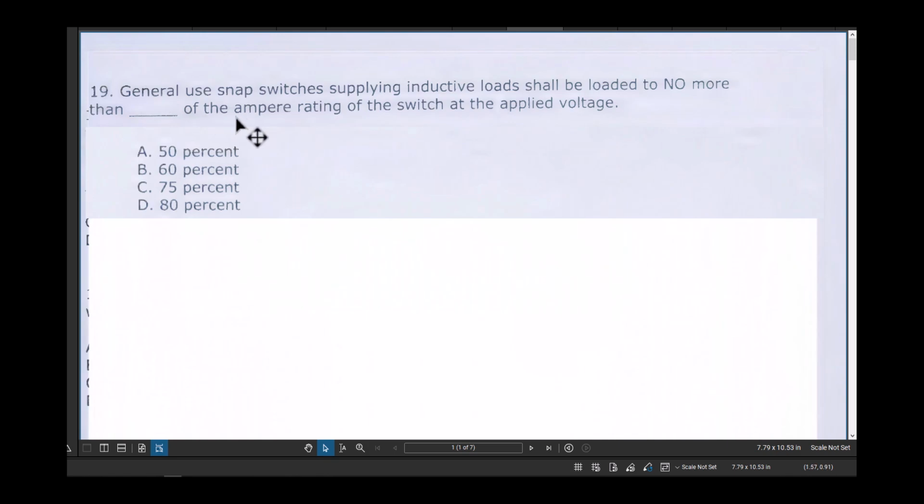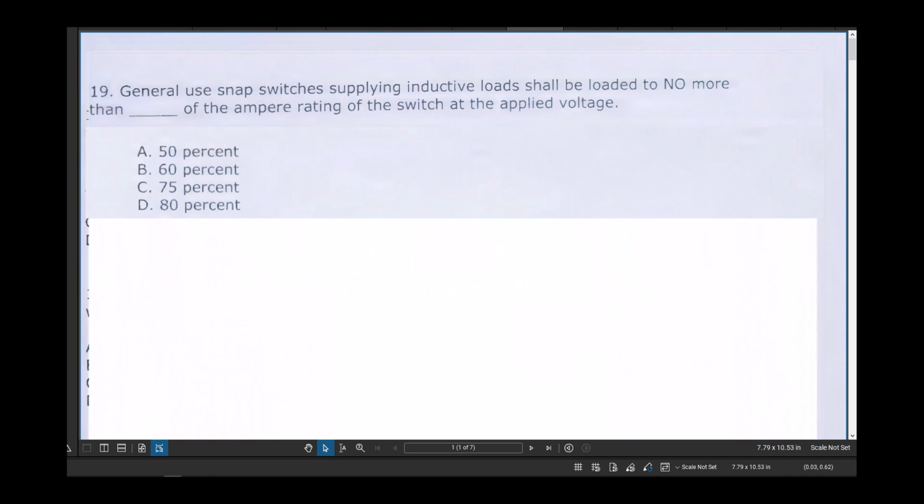We're looking for snap switch as the keyword, to find what load we can have on the snap switch based on the switch at applied voltage.